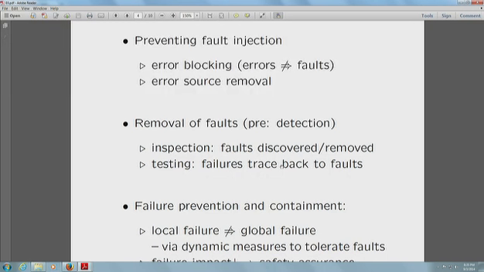Typically we're dealing with so-called safety critical systems, and in safety critical systems, a failure with a severe catastrophic consequence is called an accident. So we try to prevent the accident from occurring, even if you have a failure.